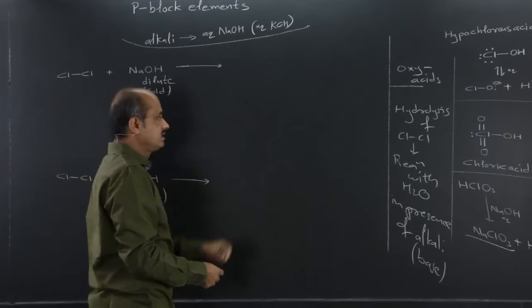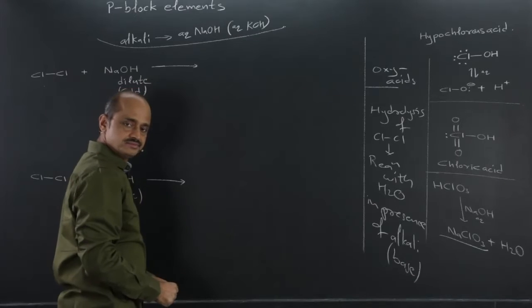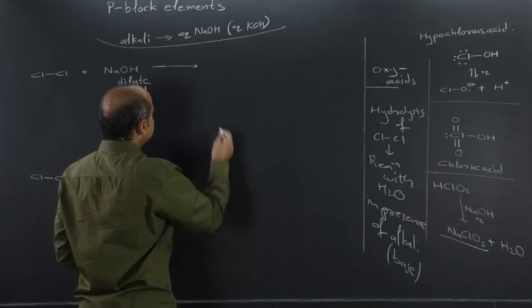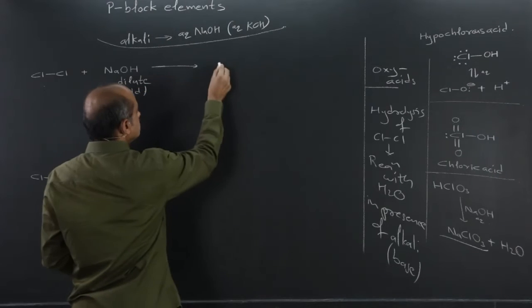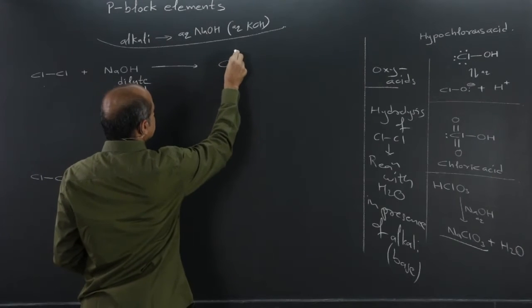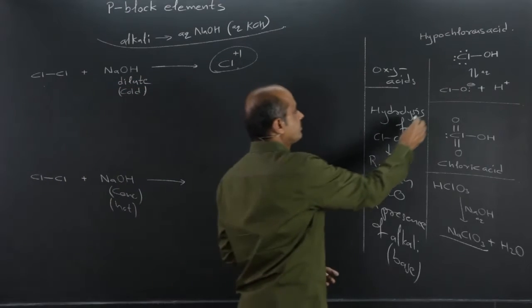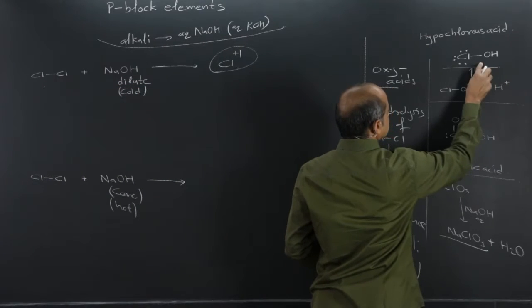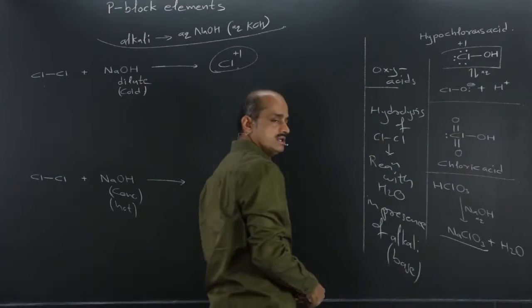Now I will write it directly here. It gives the salt corresponding to hypochlorous acid. From the oxidation number point of view, chlorine corresponds to +1 oxidation state, because in hypochlorous acid the oxidation number of chlorine is +1, that you can calculate.